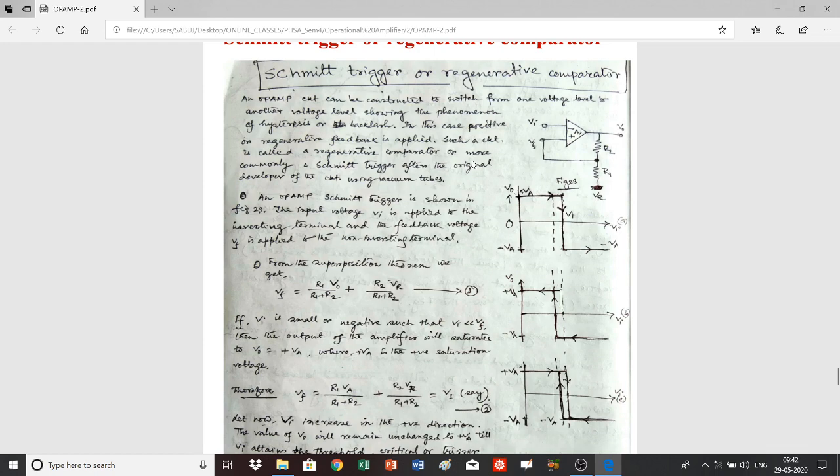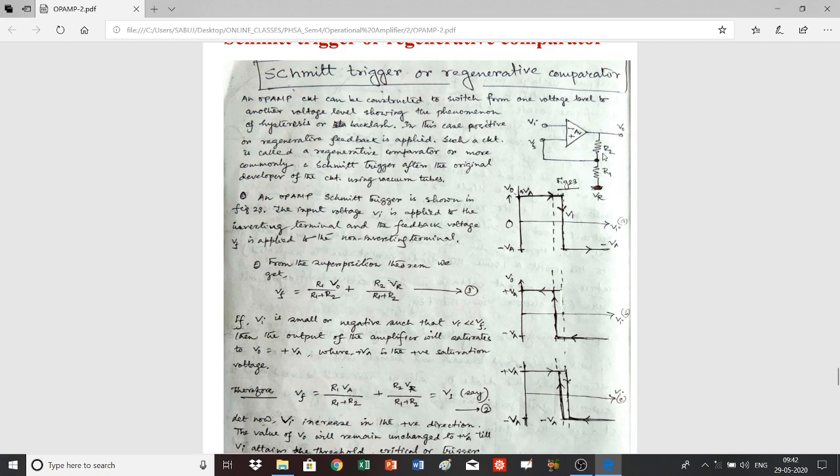Now come to the point: what will be the value of the feedback voltage Vf? Since these two resistances are connected in this way, Vf is at this position. Vf can be calculated from the voltage divider rule.